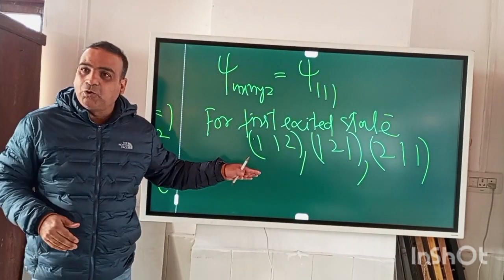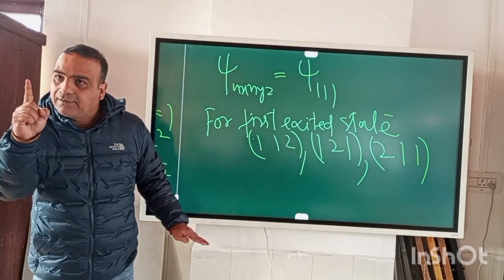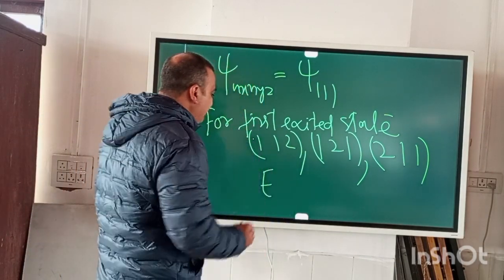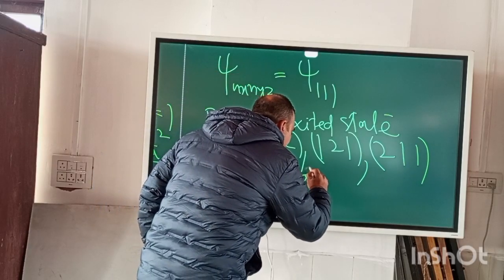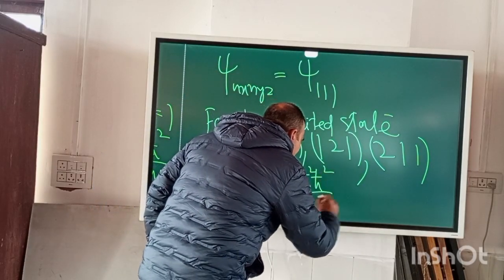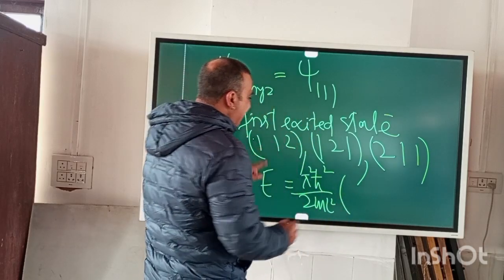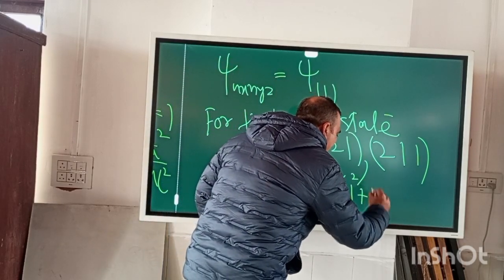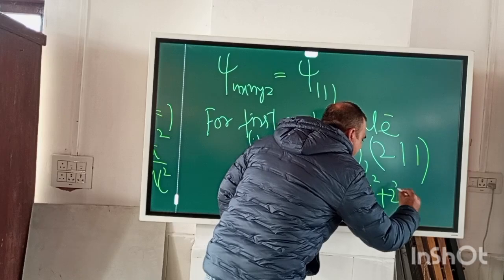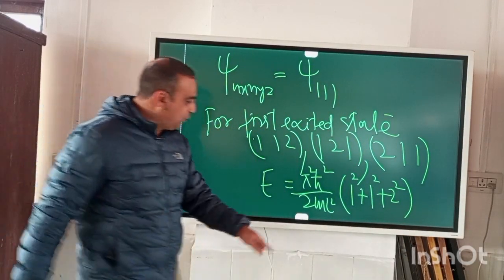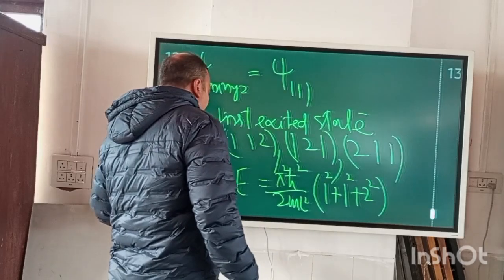But if I calculate the total energy, it will be only one value. The energy will be pi square h bar square by 2m L square times 1 square plus 1 square plus 2 square. In all three cases you'll have the same value. So what will you get here?